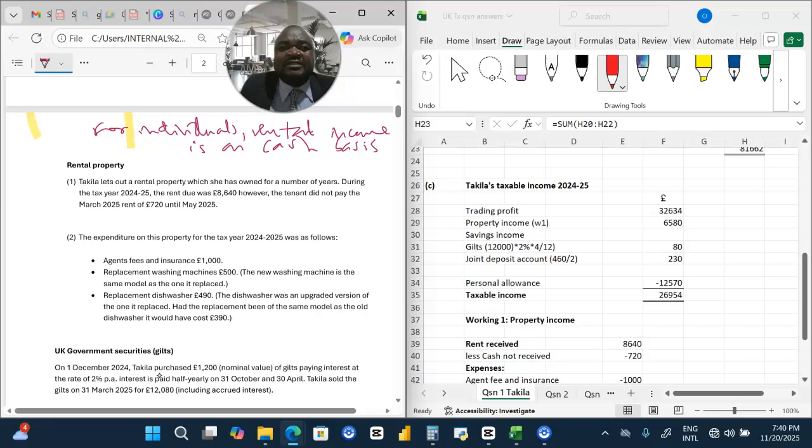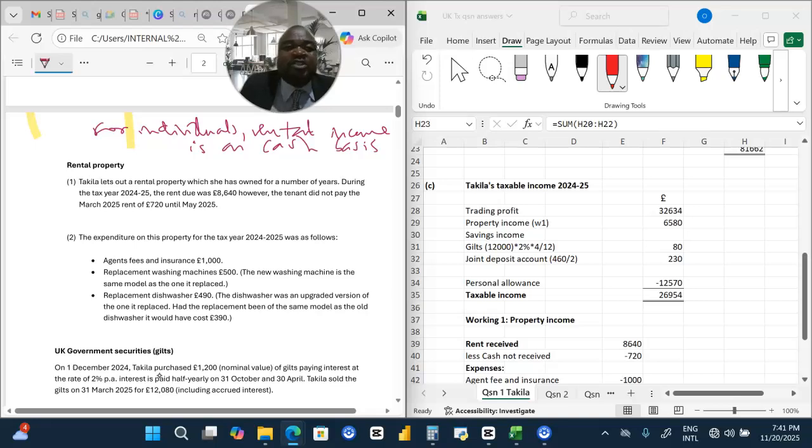It simply means that if in a particular month, even if the rent was due, but the taxpayer was not given that rent, the taxman is not going to charge tax on that unpaid rent. But if it is for corporations, they will be charged. Okay, so that's the cash basis of accounting.